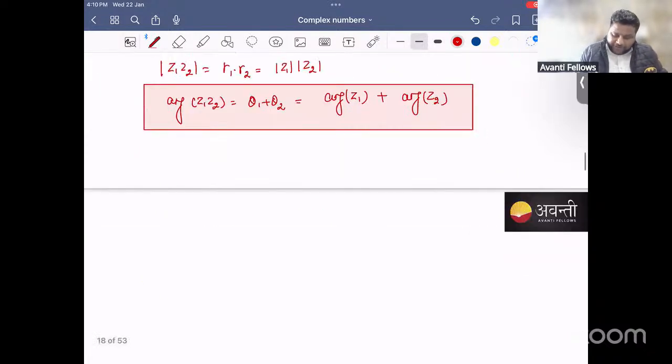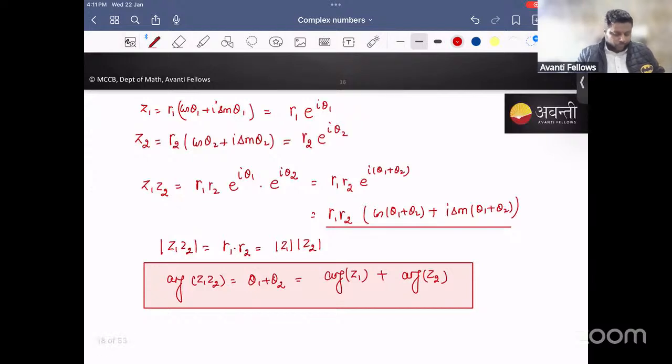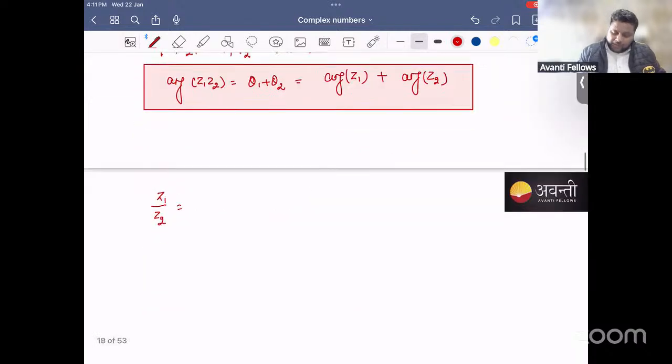Similarly, if you divide both, say z1 upon z2, have a look at it. This is a very good and nice property. Understood? Now, if I divide both of them, I get r1 upon r2 e to the power iota theta 1 upon e to the power iota theta 2.